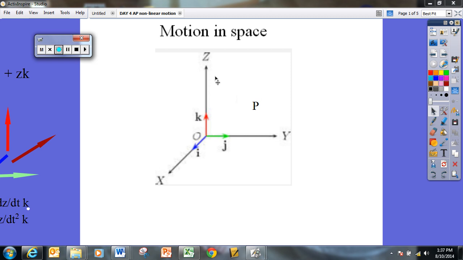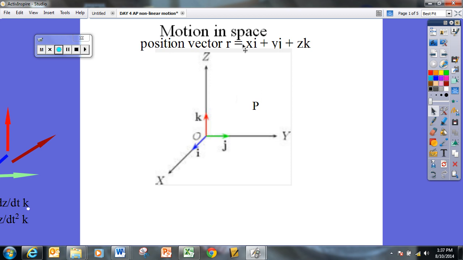And the idea is to replace the position vector x with a position vector r, which is a vector from the origin out to the location, our position P.